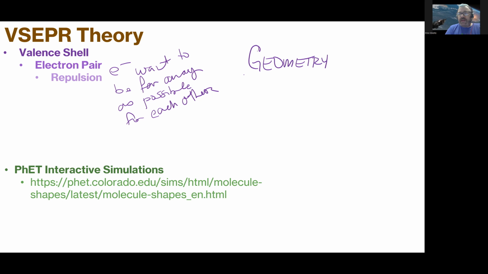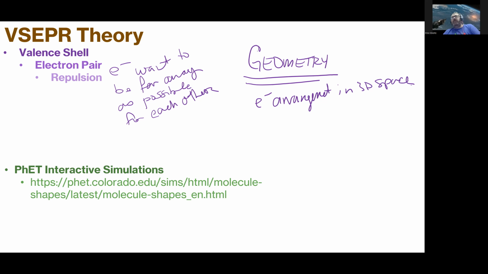I usually am very redundant with how I say things just so that we're clear about this. Geometry is about the electrons. How are those electrons arranged? Sometimes we say electronic geometry or electron geometry. How are the electrons arranged in 3D space?